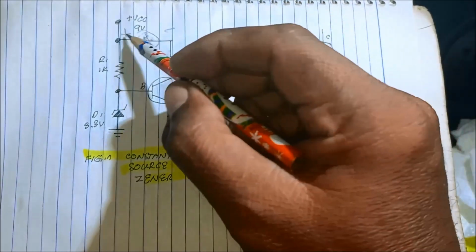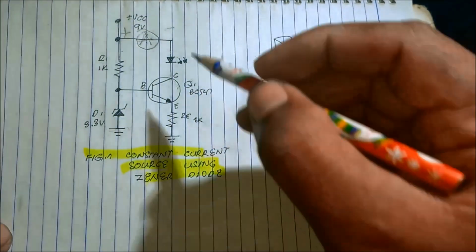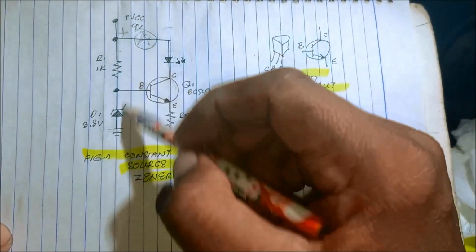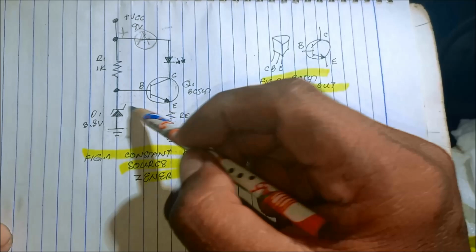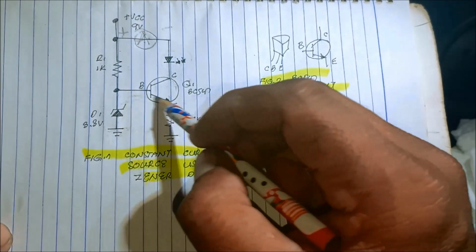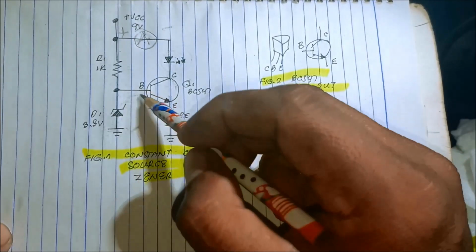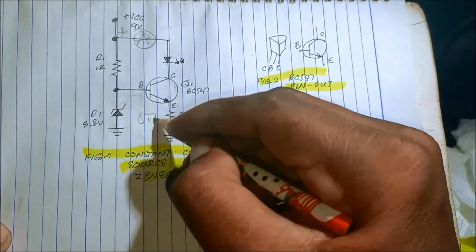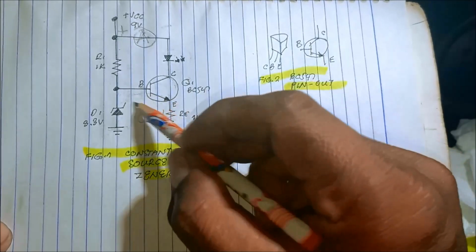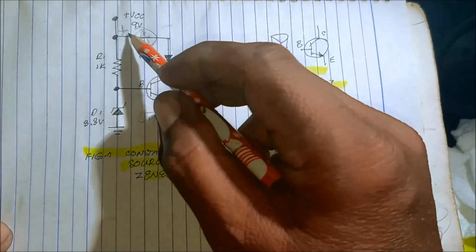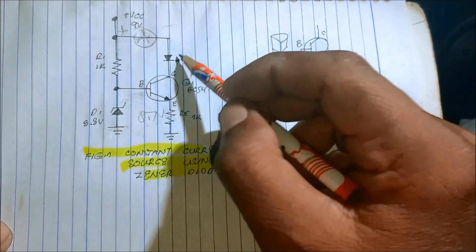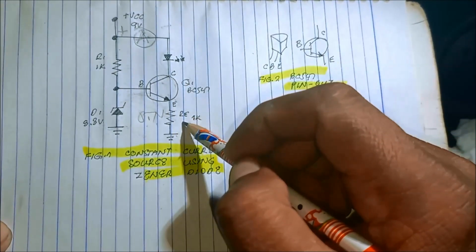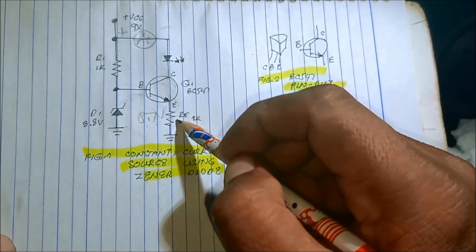We have the tester connected in series with the output. When we connected the LED, the transistor works because there's a voltage at the base. We just need a 0.7 volts in order to work the transistor, making the current flow from 9 volts to the collector, to the emitter, and then to the emitter resistor.